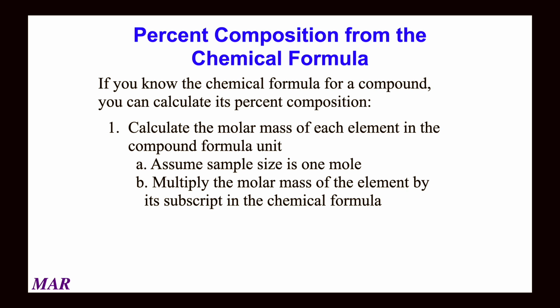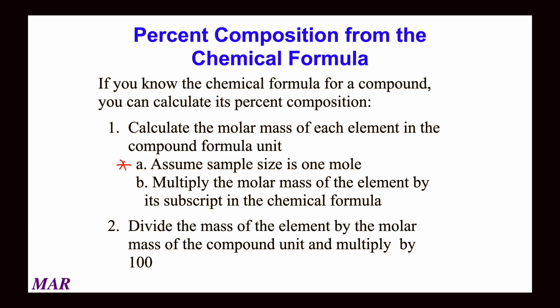And if you assume that your sample size is just 1 mole, you can use that molar mass to figure this out. And it's kind of clever. You want to take the mass of just the element and divide by the molar mass of the compound times 100%. So for example, water is about 18 grams per mole.